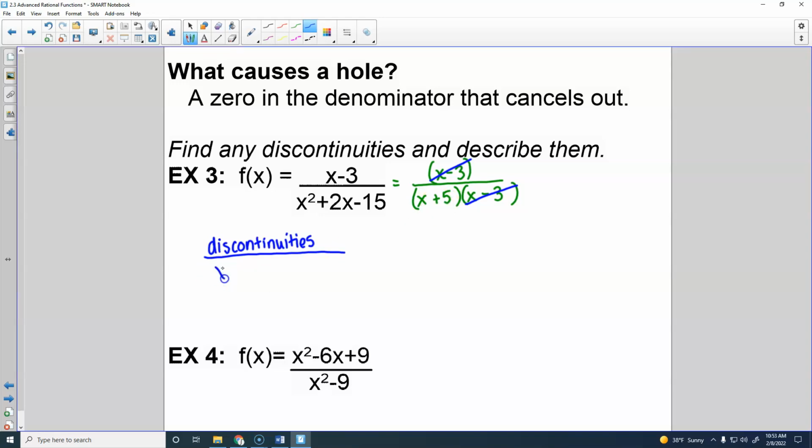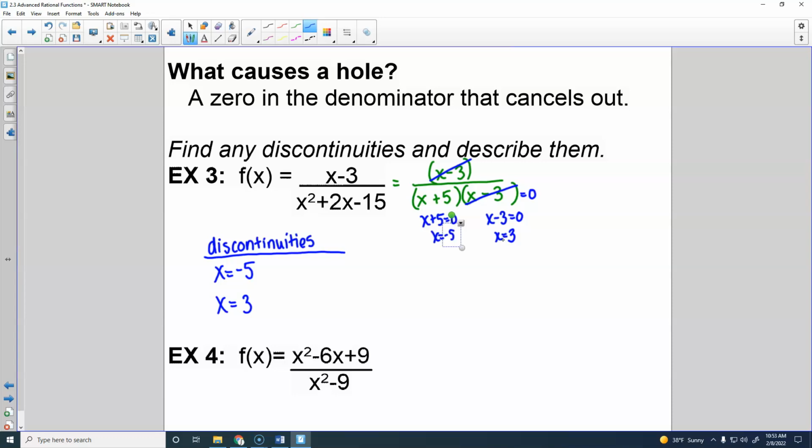So that would be at x equals negative 5 and at x equals 3. I have discontinuities here because these two things in the denominator equal 0. If I have x plus 5 equals 0, that means x equals negative 5. And if I have x minus 3 equals 0, then x would equal 3.